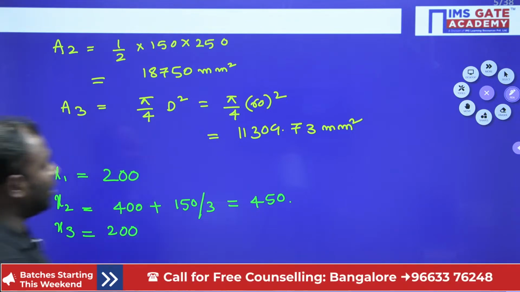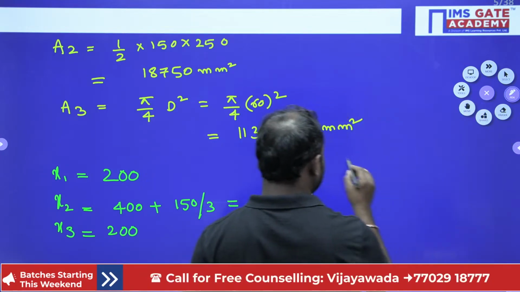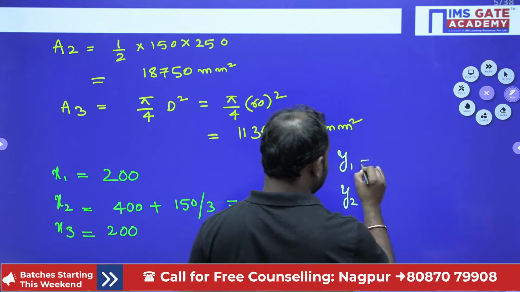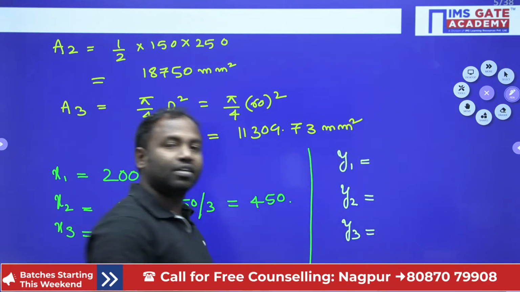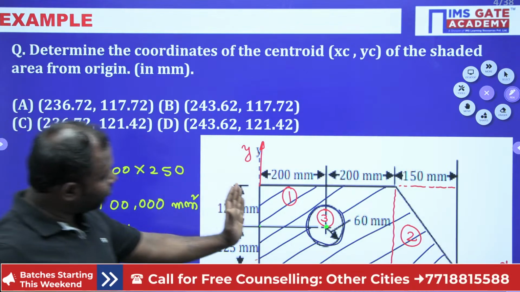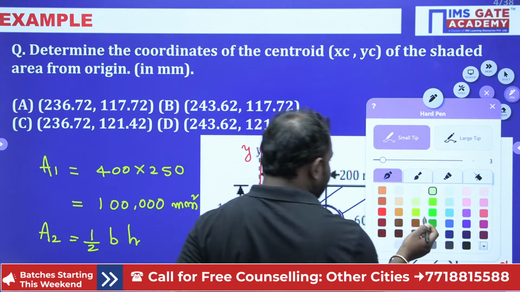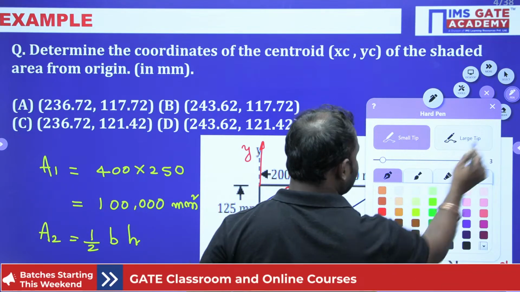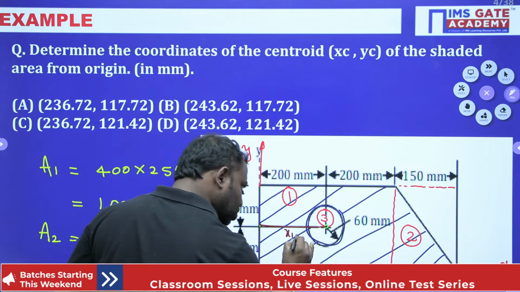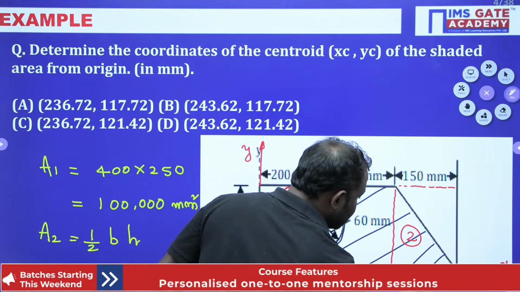Similarly, find y1, y2 and y3. Here, I'll highlight the x distances: this is my x1 and also my x3, and x2 is here.